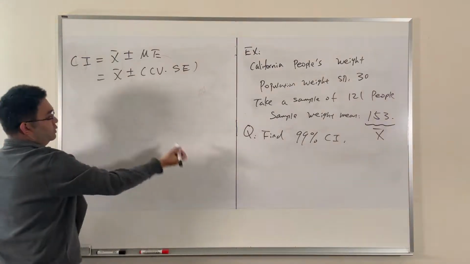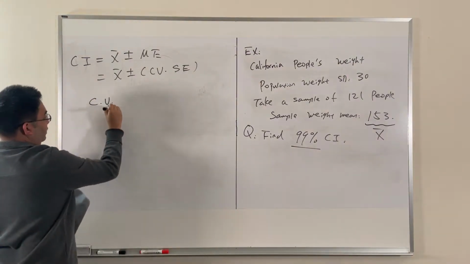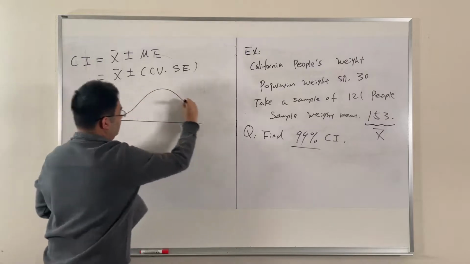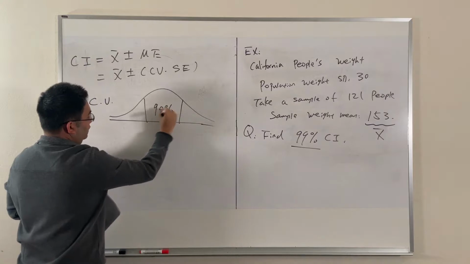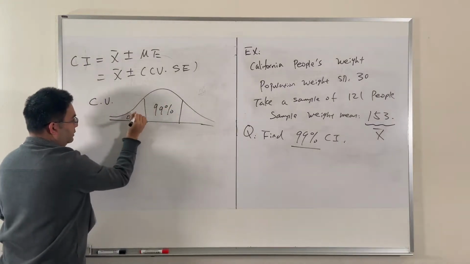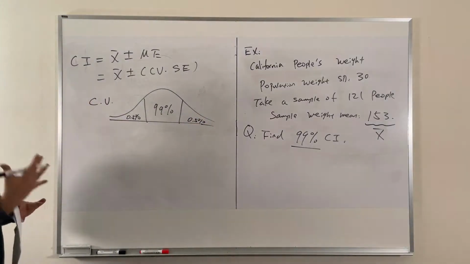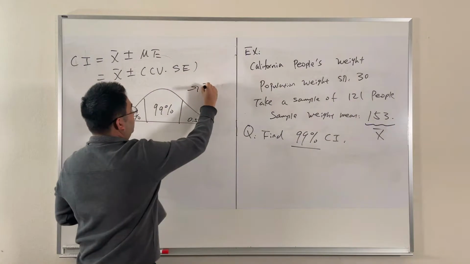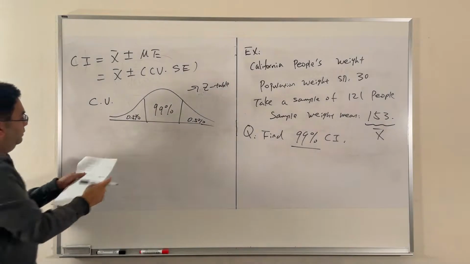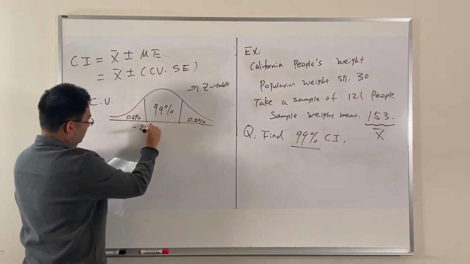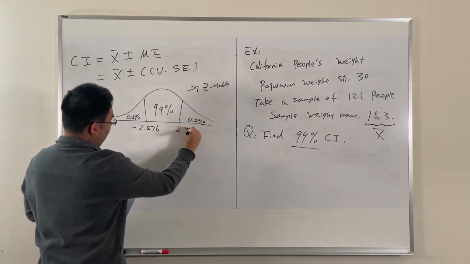Since we're finding a 99% confidence interval, to look for the critical value, we're looking at 99% in the middle. So here would be 0.5% and 0.5%. And again, since we know the population standard deviation, we are going to use a z-table to do this. If you look in the z-table, this will be minus 2.576, and here's 2.576.